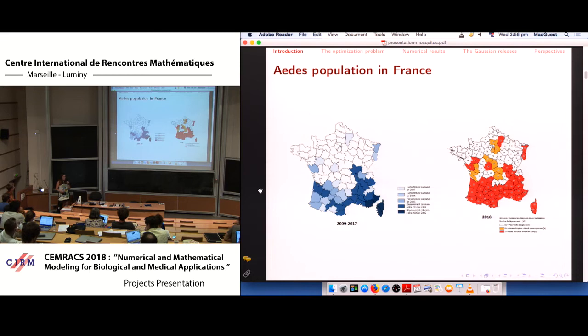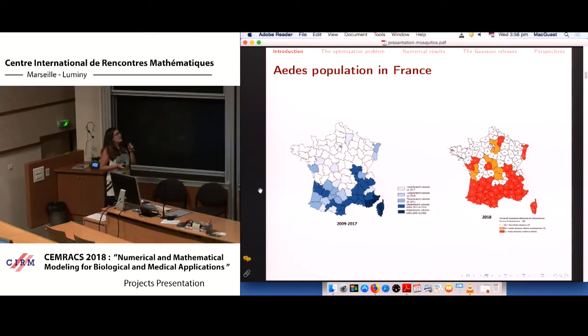In France, we have one Aedes that can transmit dengue, Aedes albopictus, the tiger mosquito, the white and black one that you can see here in Marseille.